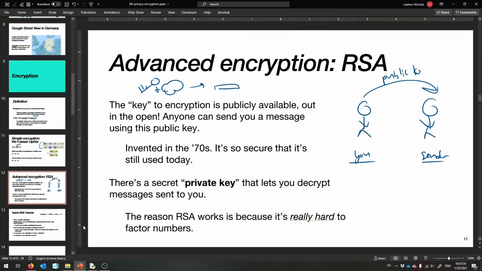So the sender can see that, and they have this little message that they want to send to you. And on the flip side of a public key is what's known as a private key. And that, coupled with the public key, is what lets you decrypt messages that are sent to you. So the sender takes your public key and encrypts their message with that key.